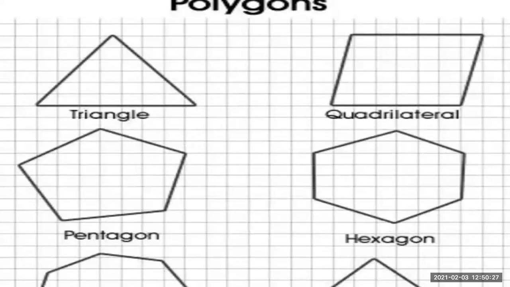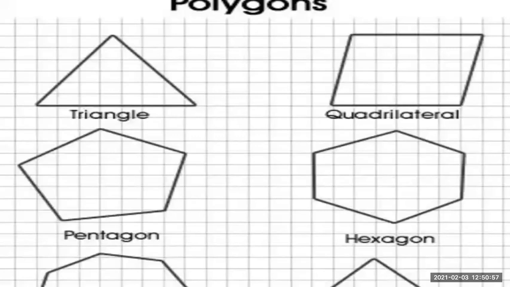Now the second figure is our quadrilateral. Quadrilateral also has four sides. Next is pentagon. Count. Very good. Pentagon has five sides. Now next is hexagon. Hexagon has six sides.